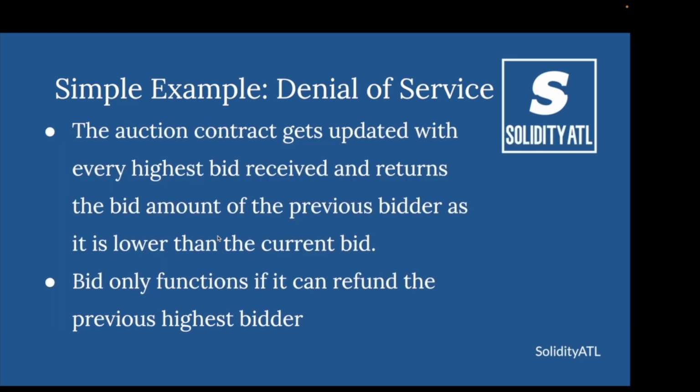So this text just says what I was going through in words, but I just want to reiterate this bid. The denial of service vulnerability here is the bid only functions if it can refund the previous highest bidder.